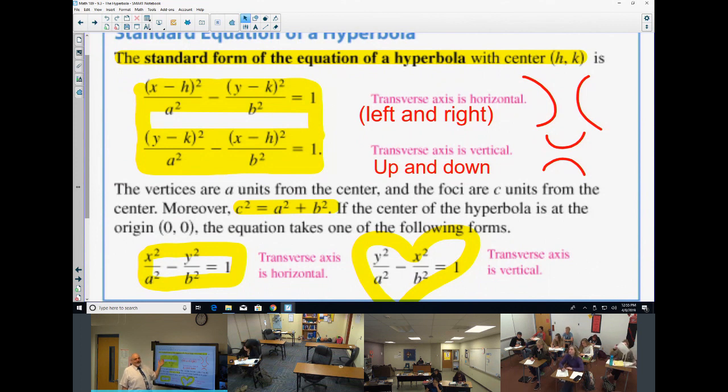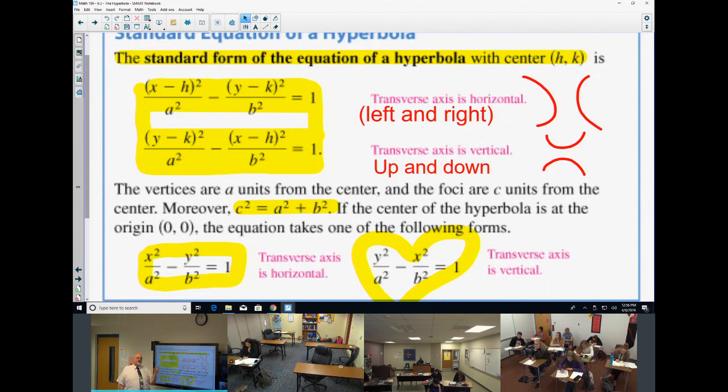That one change changes the graph considerably. The other standard form is (y minus k) squared over a squared minus (x minus h) squared over b squared equals 1. Notice that when you're determining the center (h, k), the h always goes with the x, and the k goes with the y.